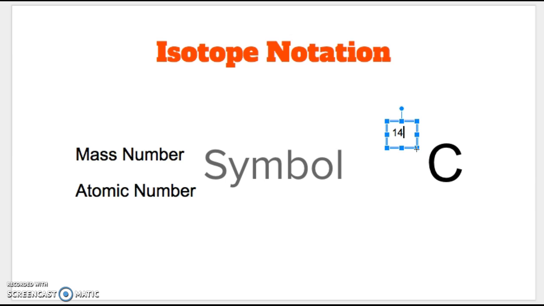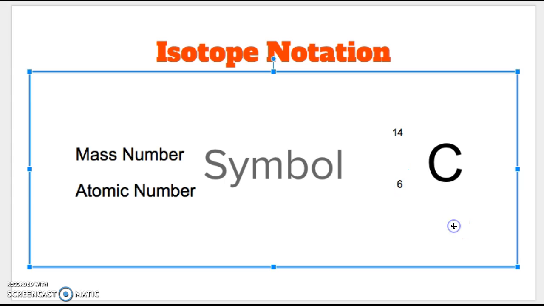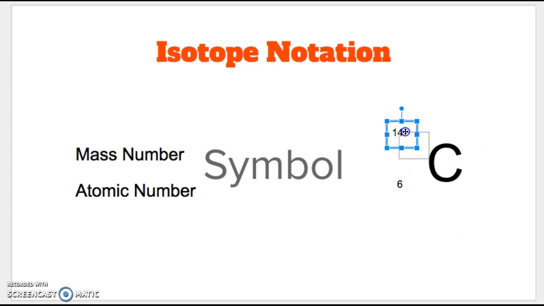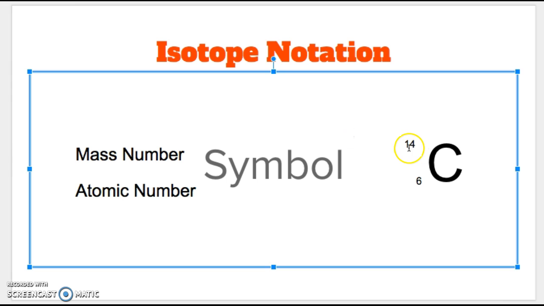So say we're doing carbon 14. We're going to put 14 there, okay? Bottom left corner is going to be the atomic number, which for carbon is always, always, always 6. So what you'll have for these isotope notations is this mass sometimes changes. This atomic number never changes. So carbon is always going to have the 6 down here by the C. This 14 is the thing that might change.